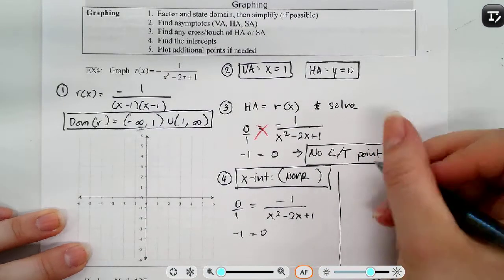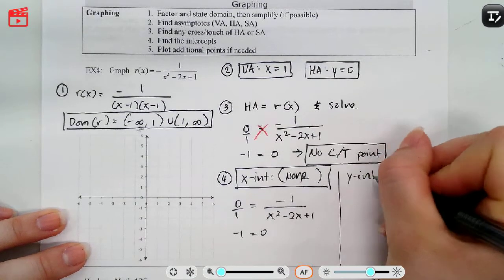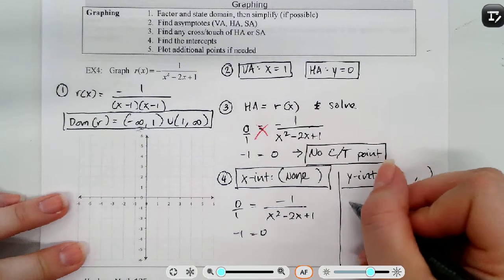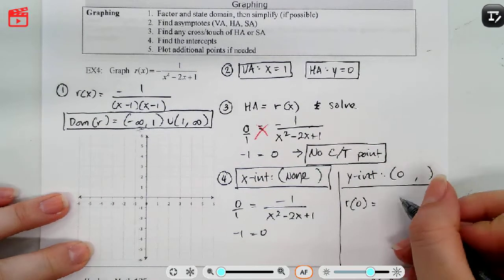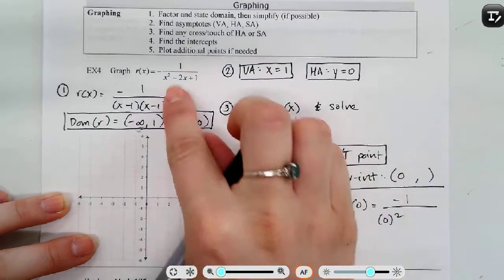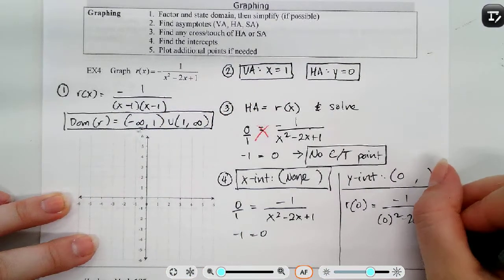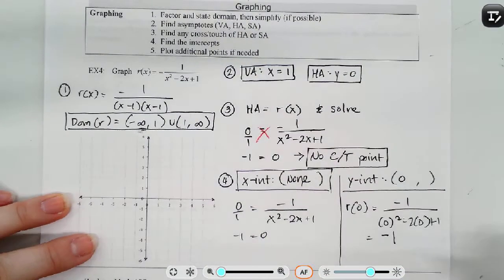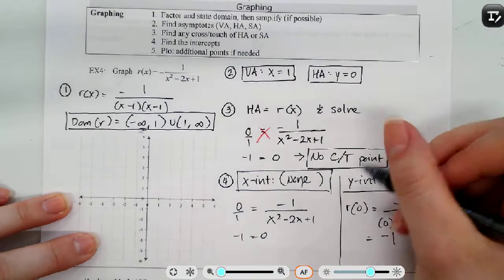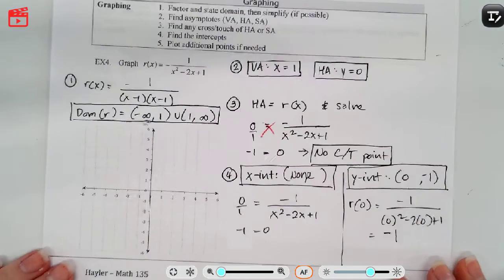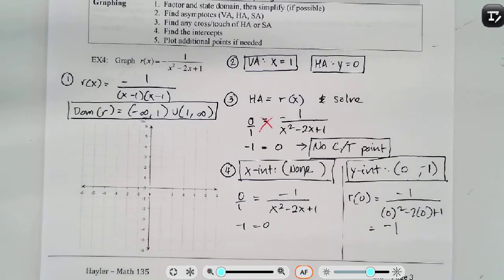And lastly, let's do y-intercept. Set the x's to 0. So r of 0 is going to equal negative 1 all over 0 squared minus 2 times 0 plus 1. That's all going to go to negative 1. So y-intercept (0, -1). Awesome. So we have all the information we need at this moment. In the end, we'll see if we actually need to plot some additional points. Maybe we do, maybe we don't.